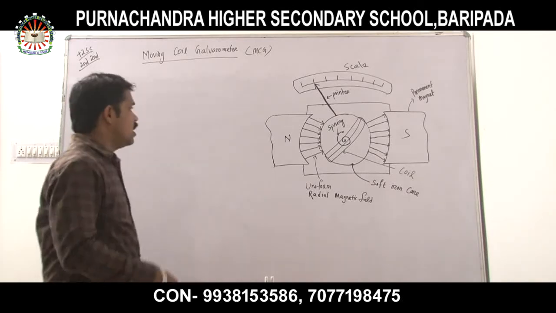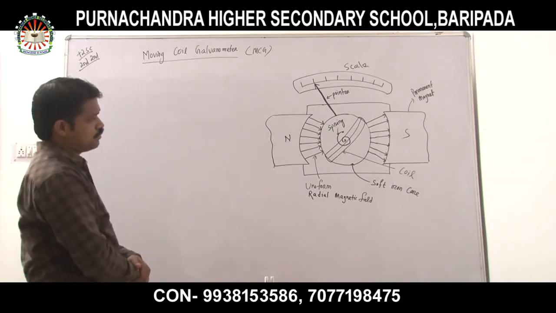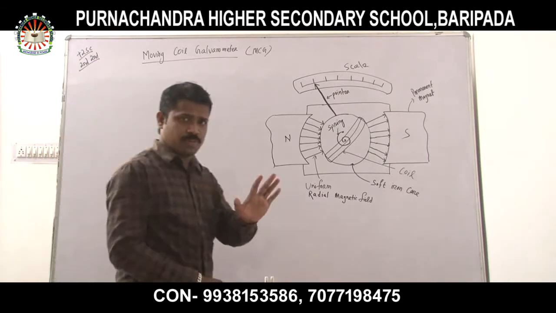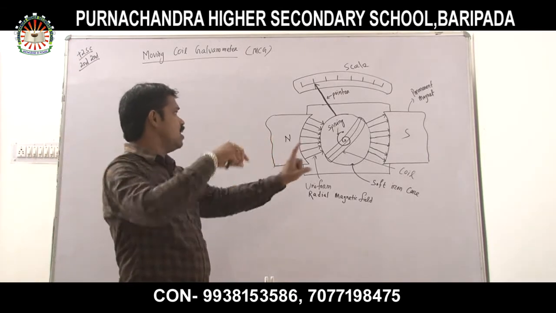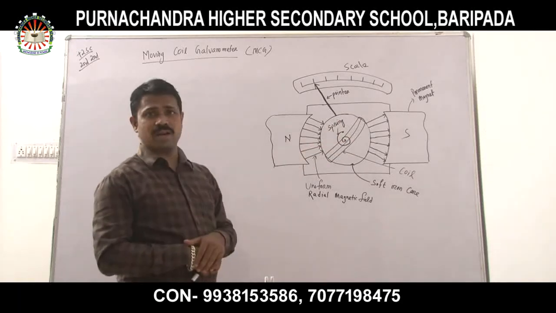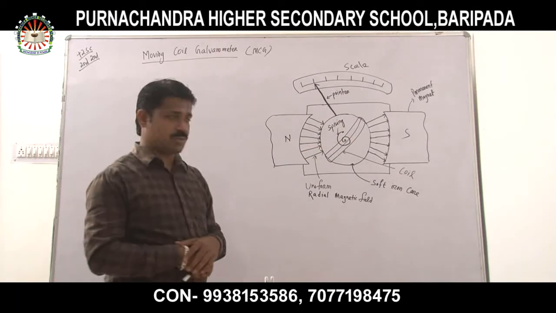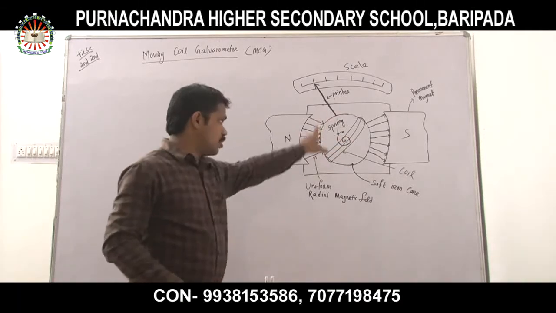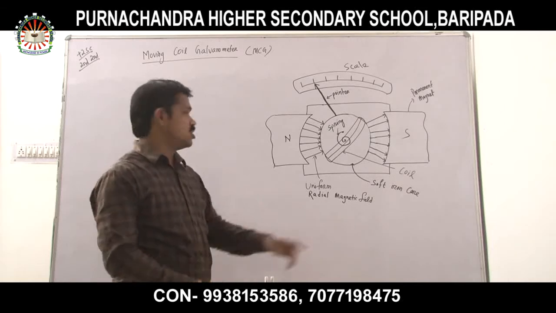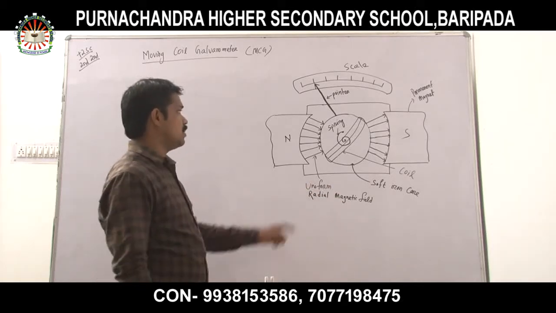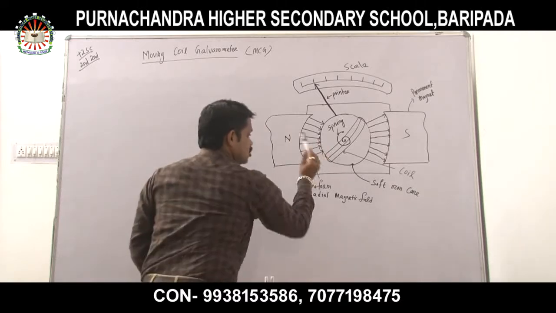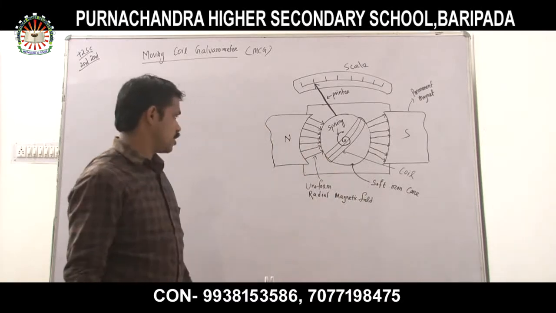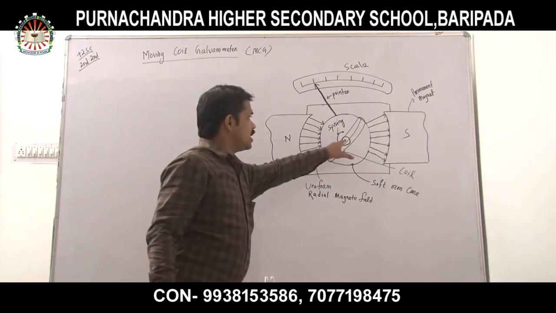Understood? Now this is the construction part. What do they construct? First of all, again I will repeat. It consists of a permanent magnet, a concave shaped permanent magnet, number 1. Number 2, a cylindrical core which is made up of soft iron. Number 3, on the cylindrical core, a rectangular coil is wound. Then there is a spring.